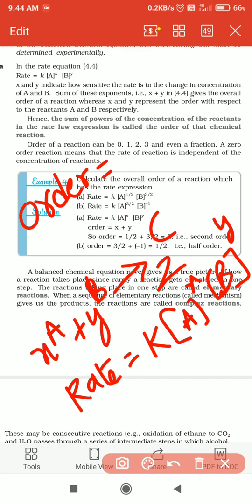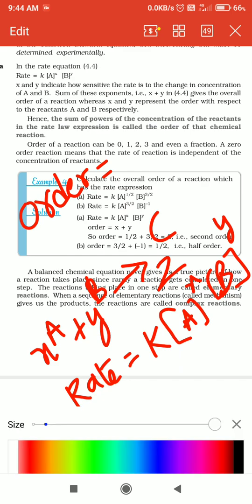According to the definition, the order is the sum of powers of the concentration of reactants in the rate law expression.